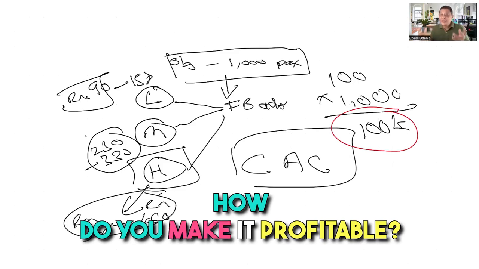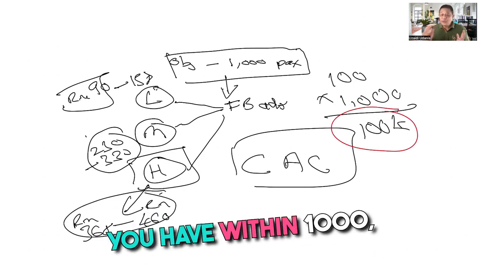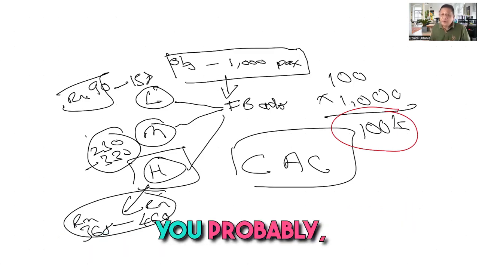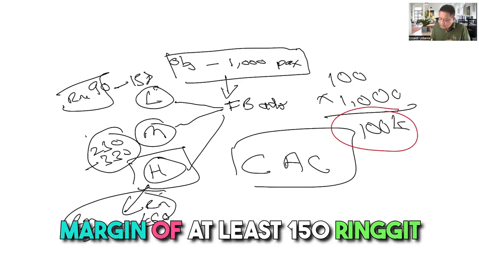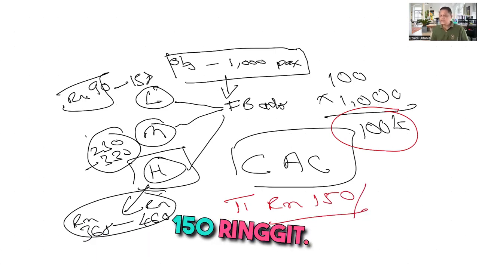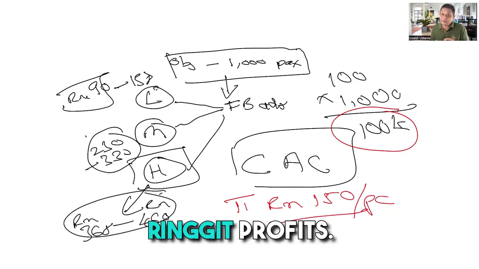How do you make it profitable? You have to make it higher than that. That means you have to have a margin of at least 150 ringgit per customer. That means you'll be getting 150,000, I mean, you'll be getting 50,000 ringgit in profit.